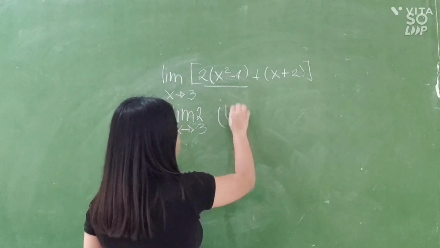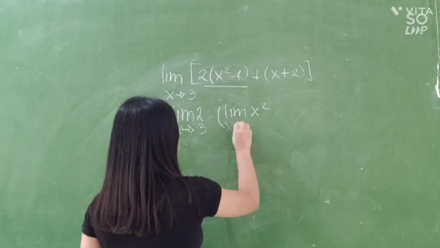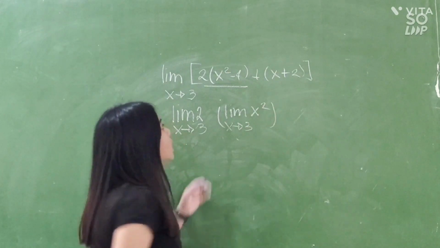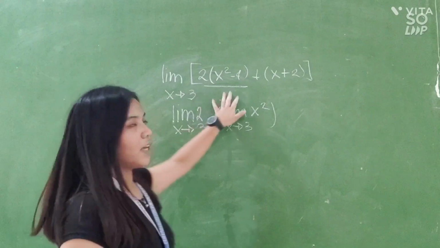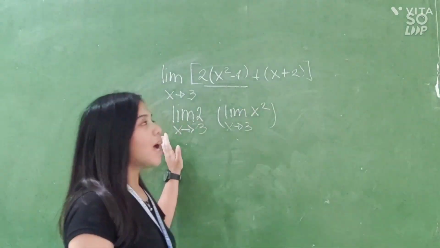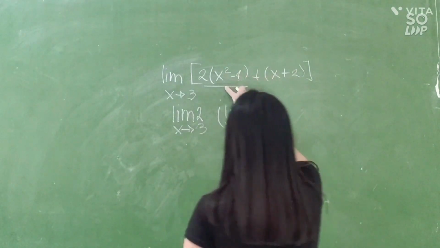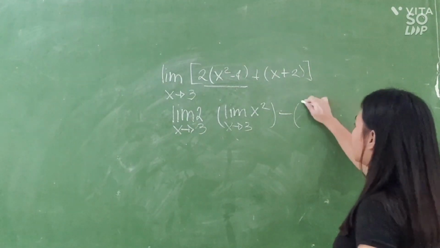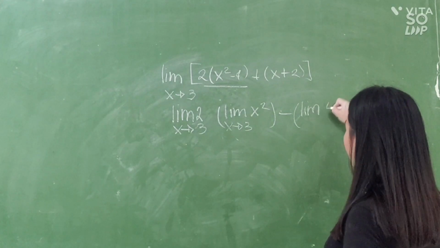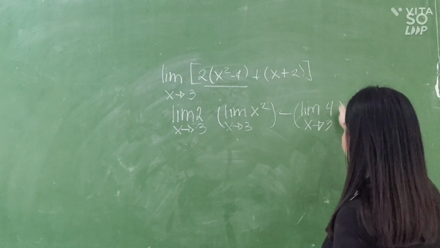So, the limit of x squared when x is approaching 3. Each variable, we just separate from one another and we will use their signs. Next is the subtraction, which is the limit of 4 if x is approaching 3.